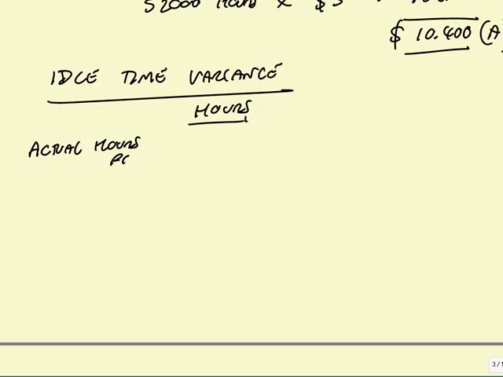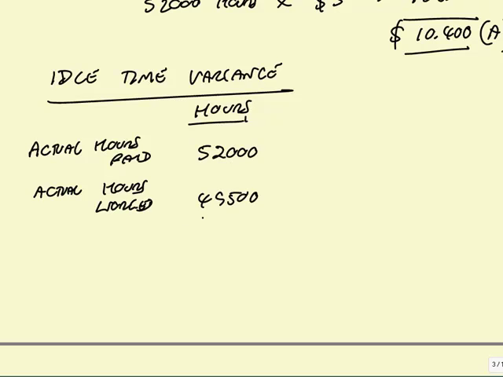They worked 49,500. And surely, do see the logic, it makes it so much easier to remember. The idle time, the hours they did no work, is the difference, 2,500 hours.